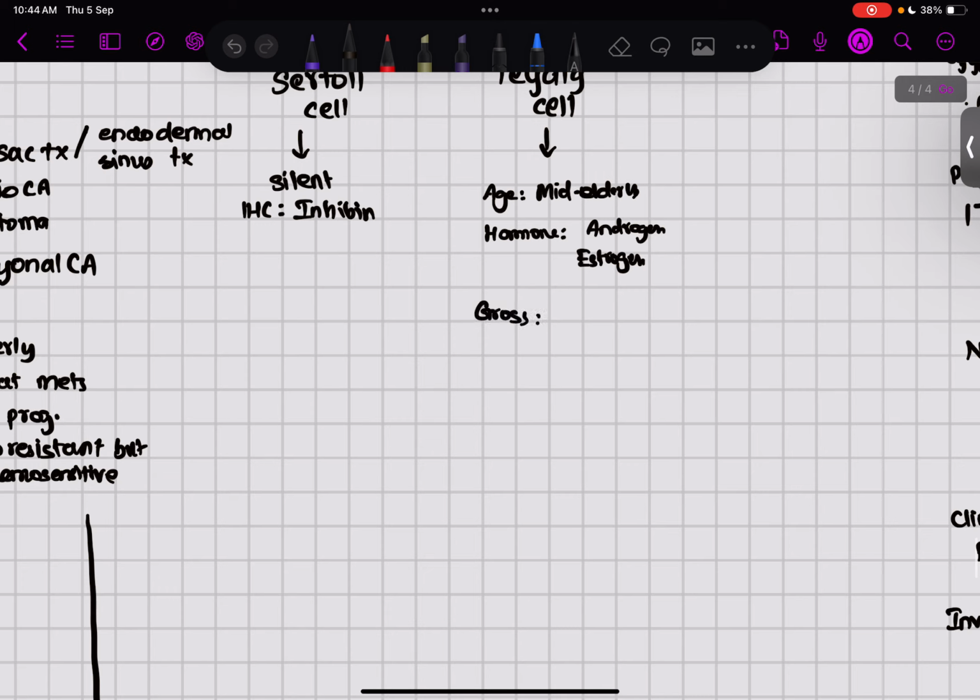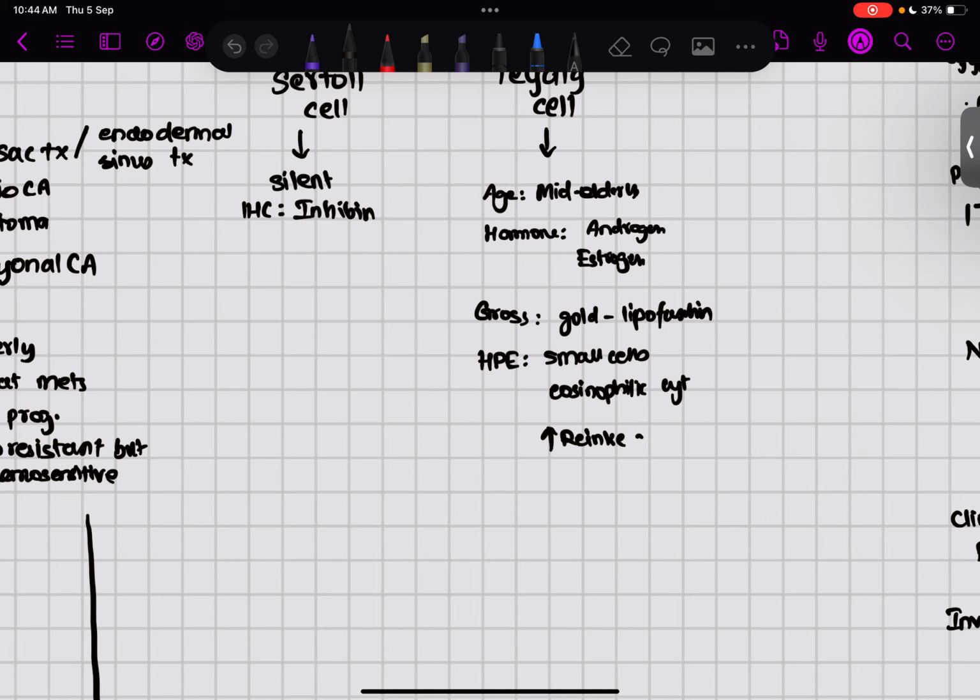Gross shows golden pigmentation due to lipofuscin. Histopathological examination shows small cells, eosinophilic cytoplasm, and increased Reinke's crystals.